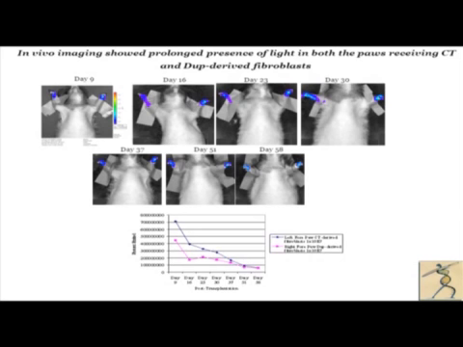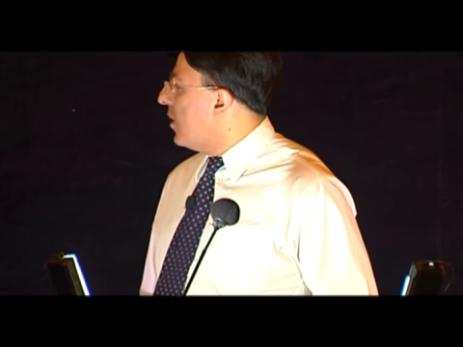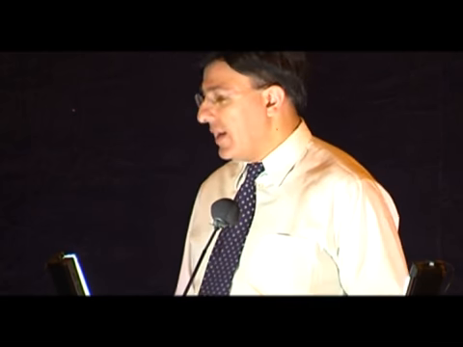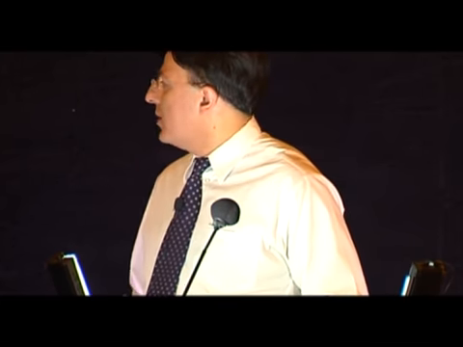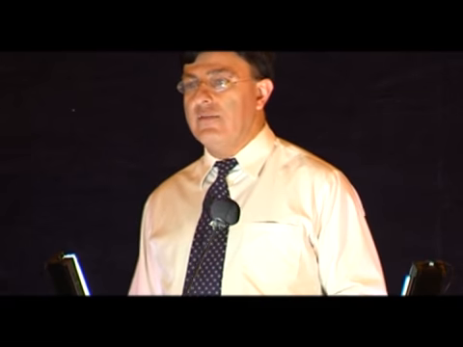So we had a series of animals in which in one forepaw we injected 1 × 10⁷ cells of carpal tunnel fibroblasts, and in the other we injected 1 × 10⁷ cells of Dupuytren's-derived fibroblasts. And in both populations we were able to follow the fluorescence signal over time. And once again, we did see that there was some decrease over time, but it was still quite easy to identify even at the end of 8 to 9 weeks of animal persistence.